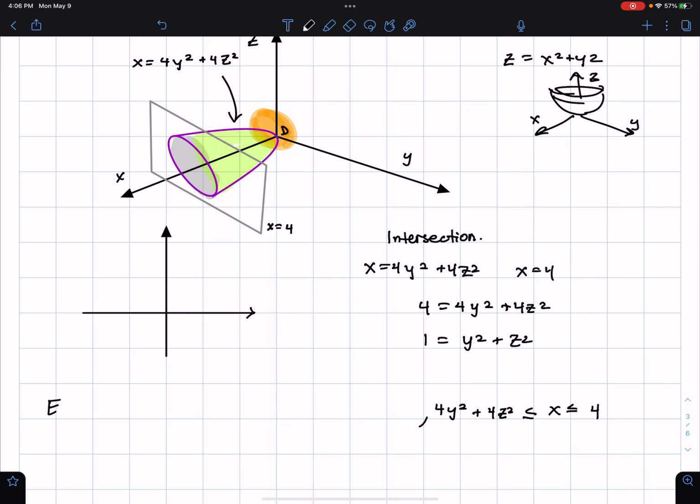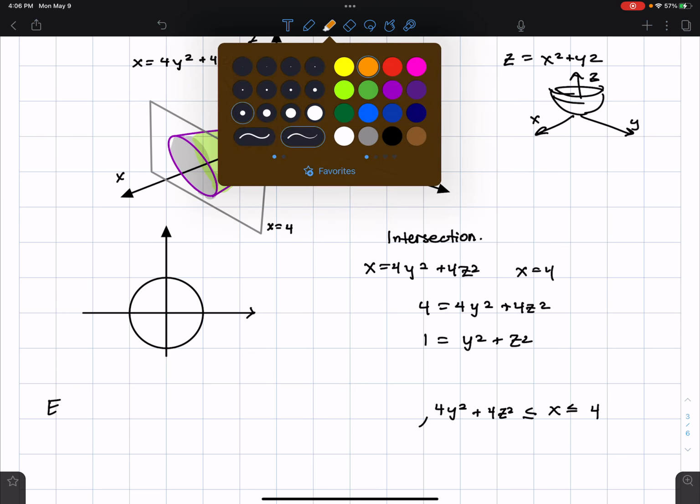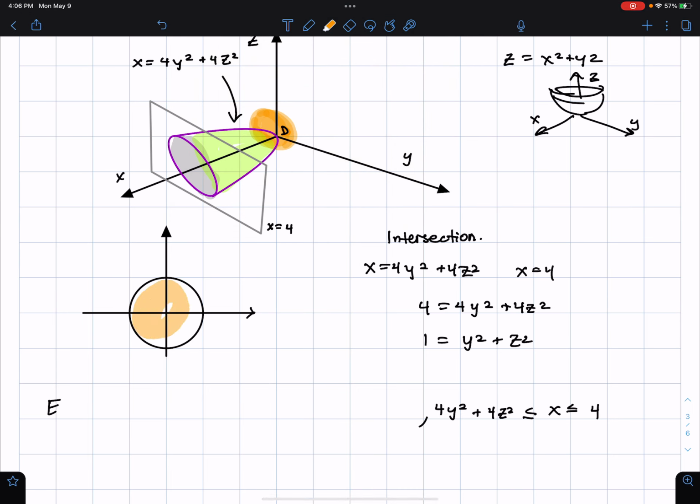I almost don't think it's worth drawing a picture. That's just the unit disk. Should keep the same colors I used for D in the other picture. So here's D, the unit disk, r equals 1.